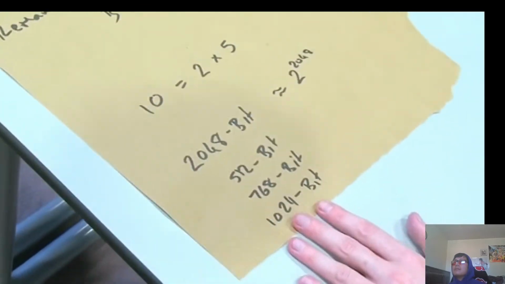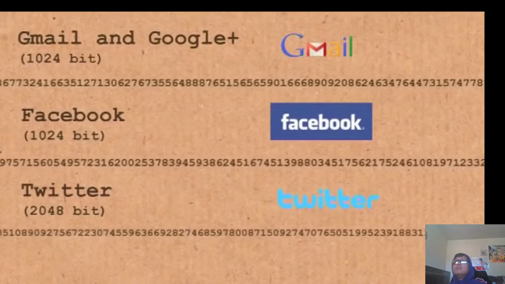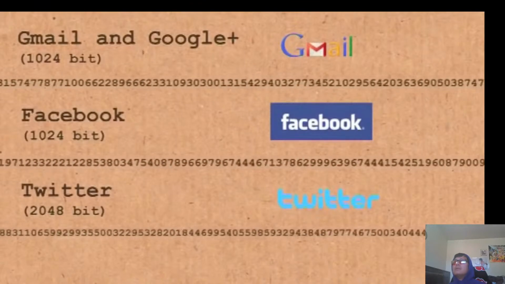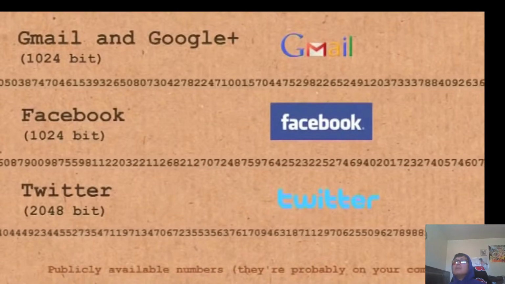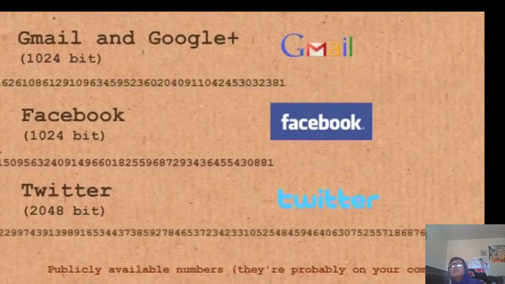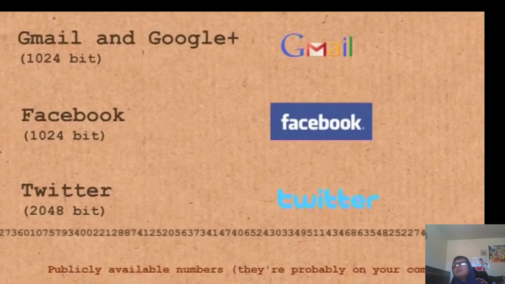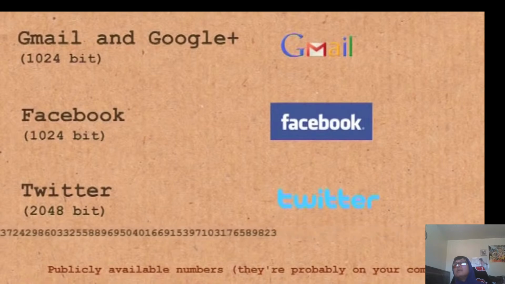So this should now start to be replaced. Gmail still uses this, but this should be replaced. And as you can see, NatWest have done that, other banks have done that. They are now using 2048-bit numbers, which again would take even big computers thousands of years to factorize into its original prime numbers.